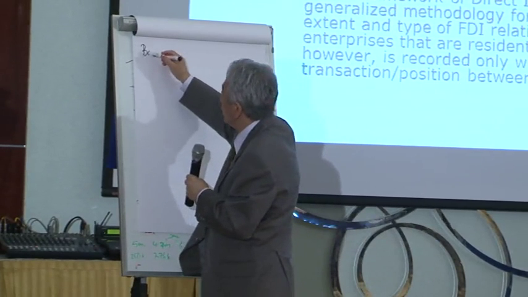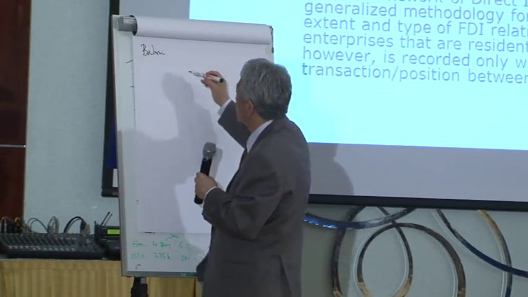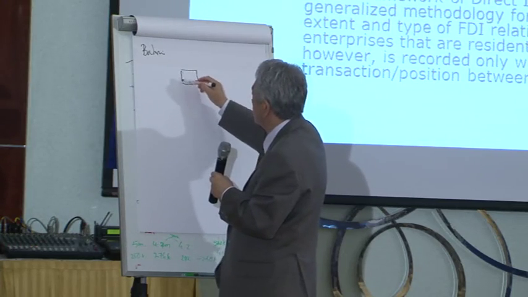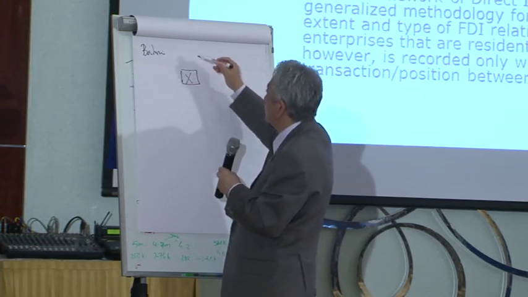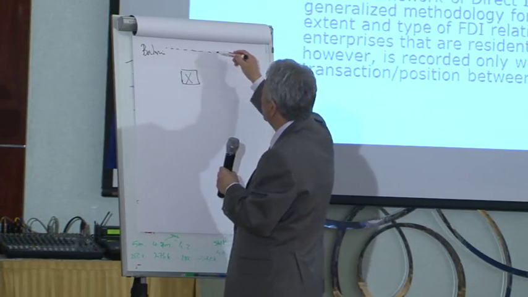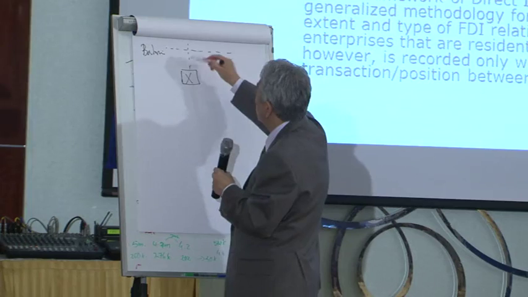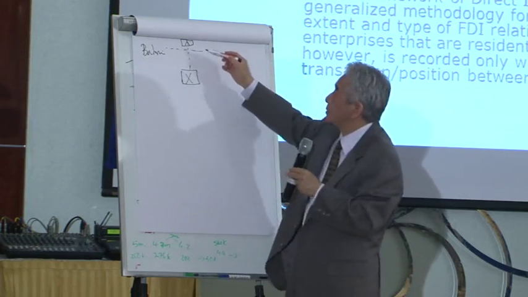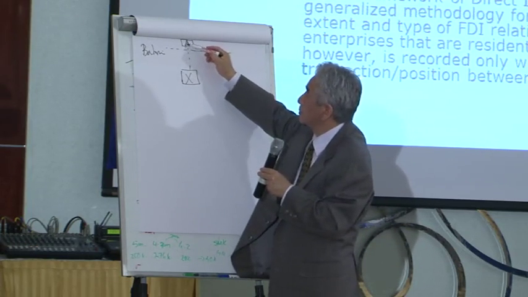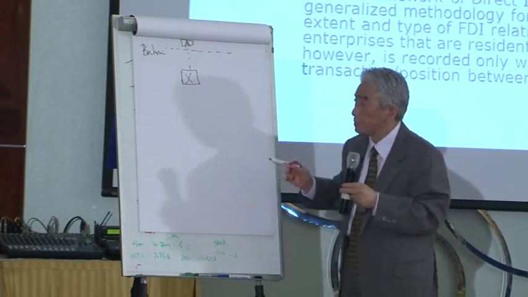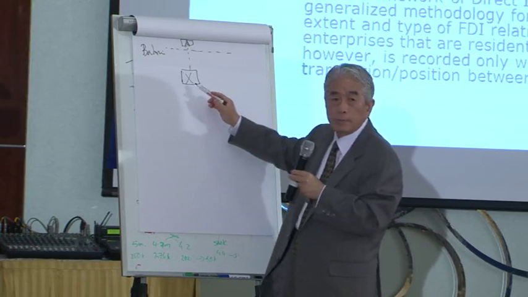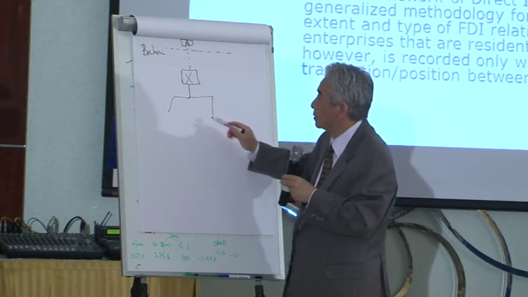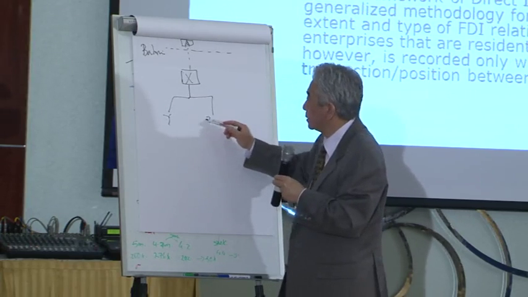For example, here's Bahrain. You have a company X, but this company is owned by an abroad company A, for example. But these companies may have Y and Z, the other companies.